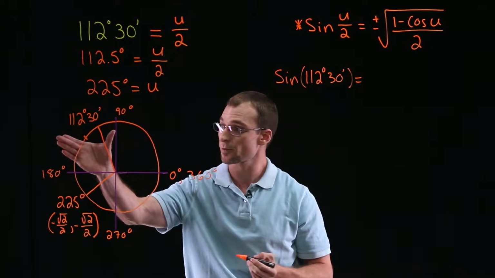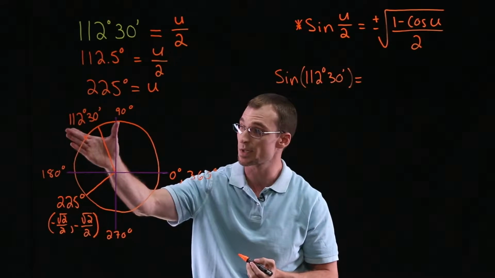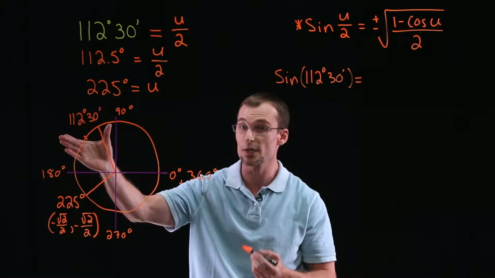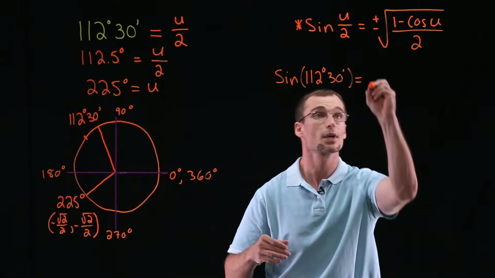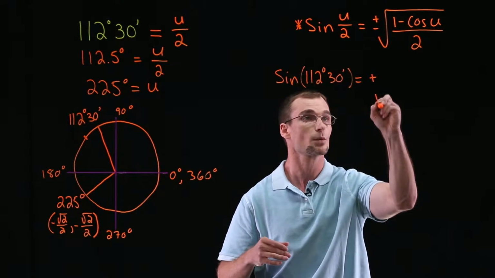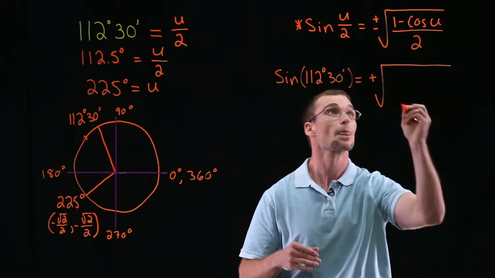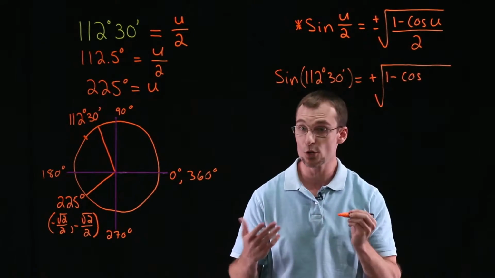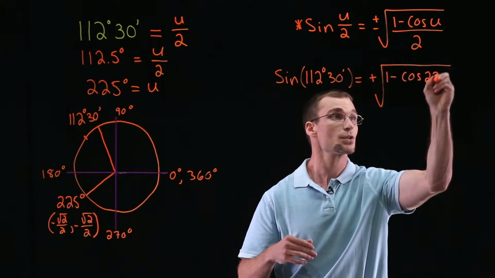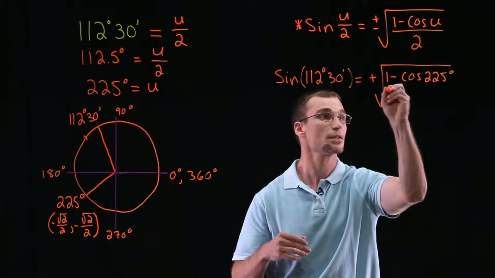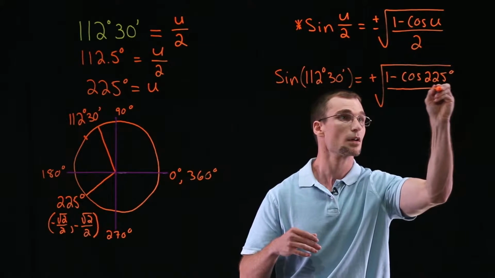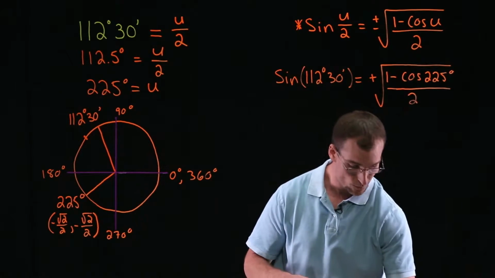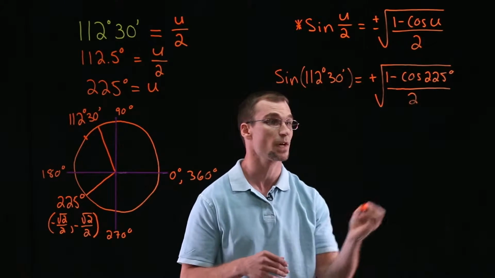And that's why it was important for us to write our angle over here in the unit circle. We see our angle is in the second quadrant where we know sine is positive. So here we're going to take the positive form of the square root, 1 minus cosine of our u angle, which is 225 degrees, all over 2. And now we're just going to simplify this.